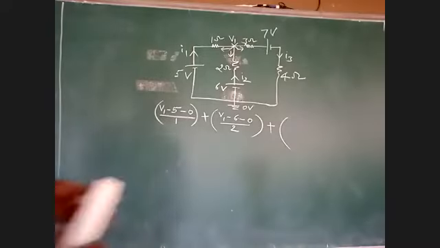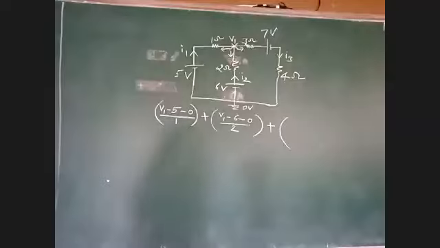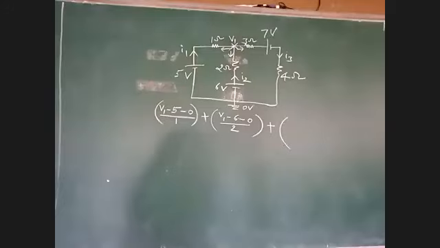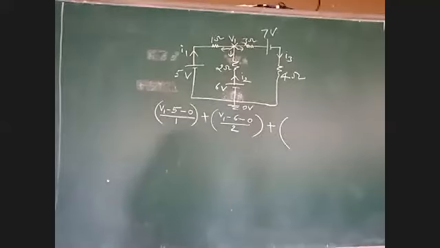But see, when we are writing the nodal equation, we use assumed directions. We are writing the nodal equation now, not the current equations. First you have to determine the node voltage. Once you know the node voltage, then you go for the branch currents.